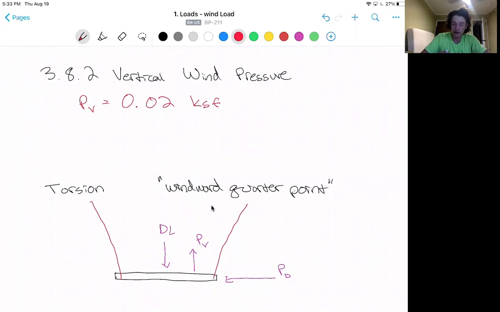So think about this load applying per meter in this direction into the page and out of the page. And that load at the windward quarter point is going to create some sort of torsional force on the walkway.